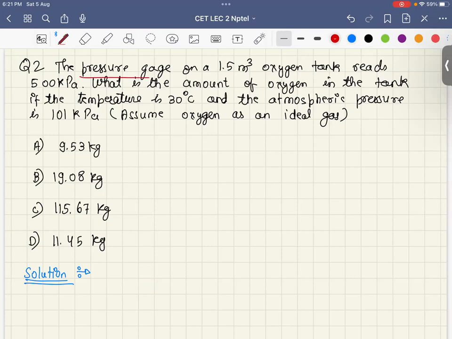So remember that here it is a pressure gauge. Right? That means it's a gauge pressure.